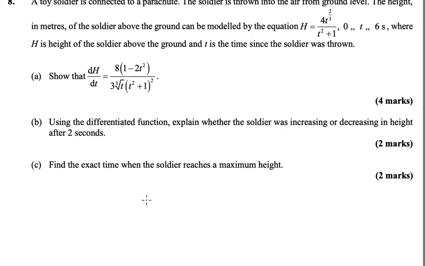Okay, part C wants us to find the exact time when the soldier reaches a maximum height. It will be at its maximum height when the gradient is 0. So we need to set this equal to 0.